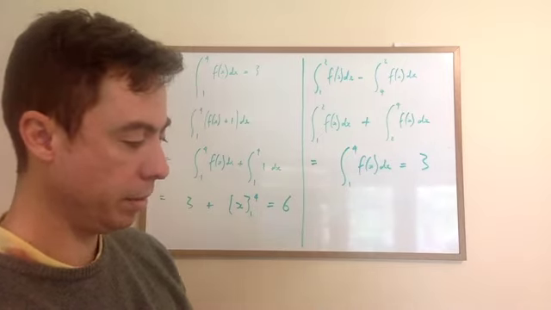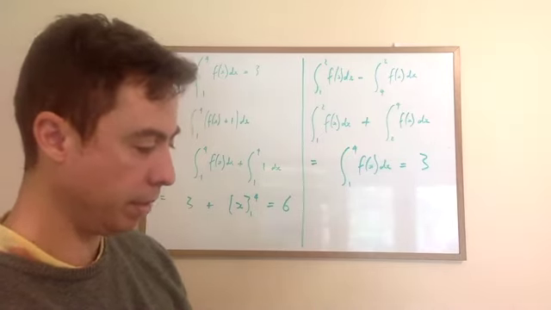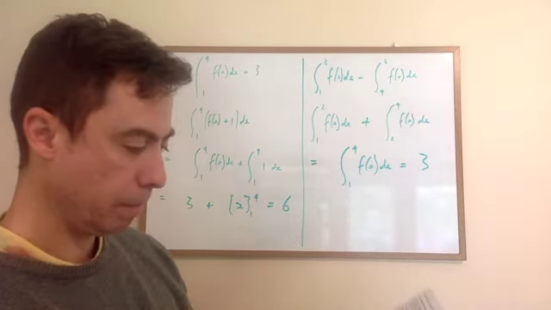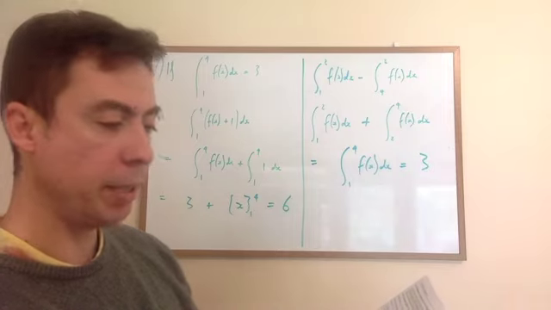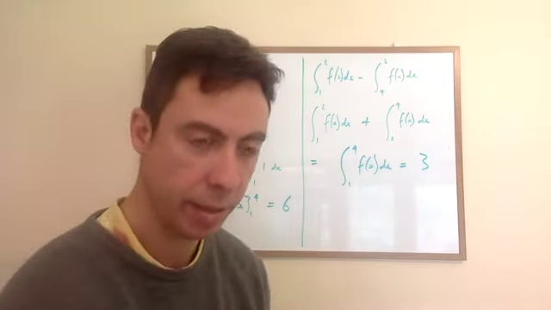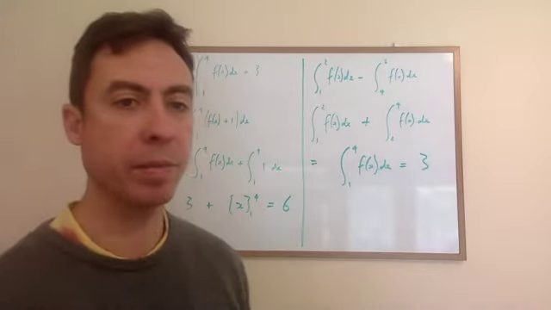Properties of integrals, definite integrals, I'm not seeing them, but they'll be in the book somewhere. Oh, there it is, page 109. So that question was really using the green box from page 109.